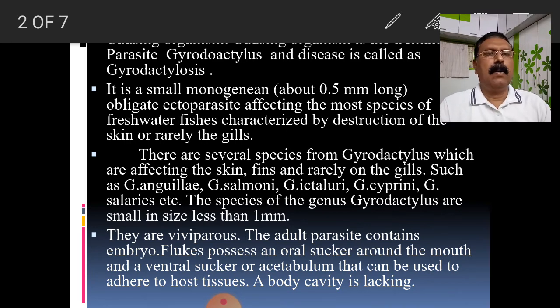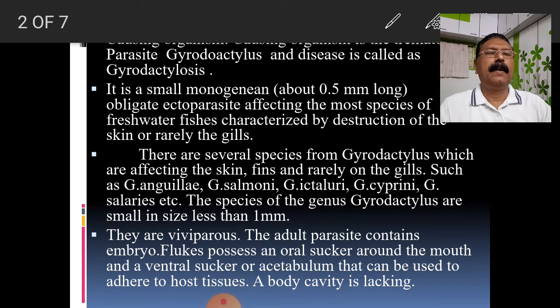Dear friends, when we start with the life cycle, each type of worm has its own life cycle. Here this Gyrodactylus has a very particular type of life cycle. Its life cycle is not lengthy, it is a short life cycle, but it has somewhat different phenomena.